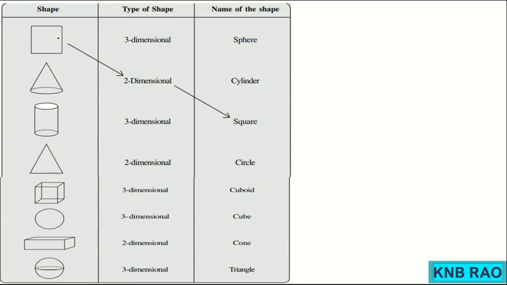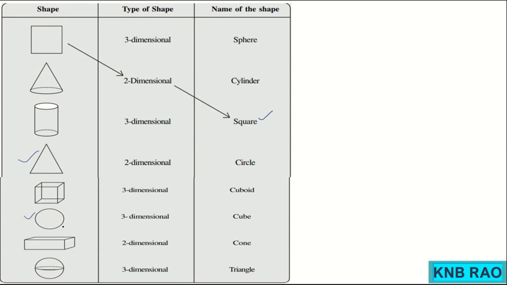Here, square is a two-dimensional type of shape and name of it is a square, whereas this you need to match now. I will take immediately this one. Both, there is a difference, you could find it.